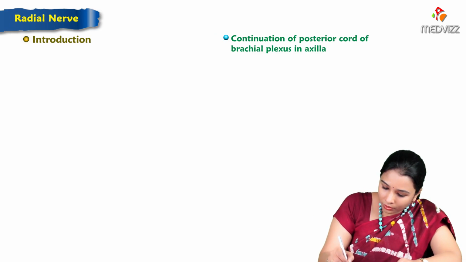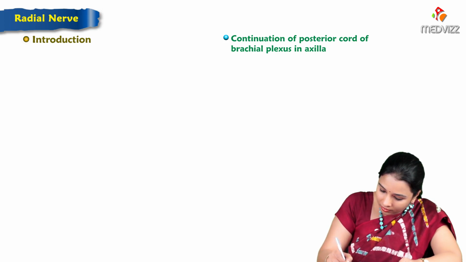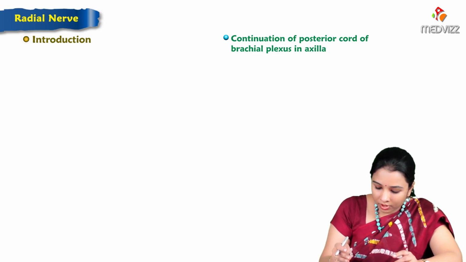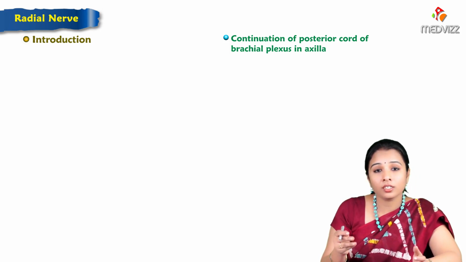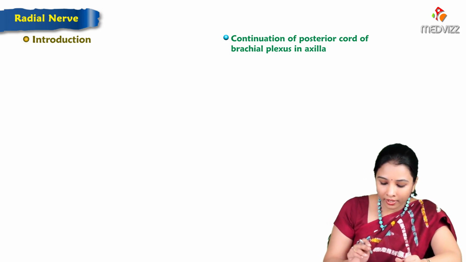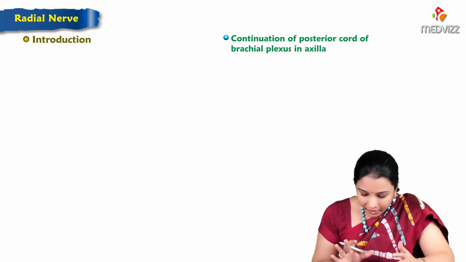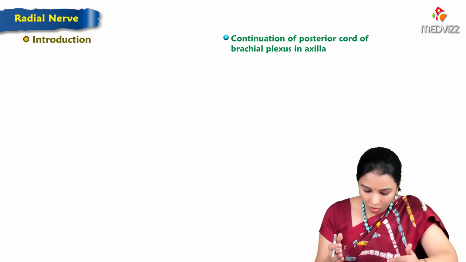So we know the root value of the brachial plexus as C5, C6, C7, C8 and T1. These ventral rami roots give rise to trunks, trunks divide to form divisions, and divisions join to form cords. Here is the picture of the brachial plexus where we can see its origin.